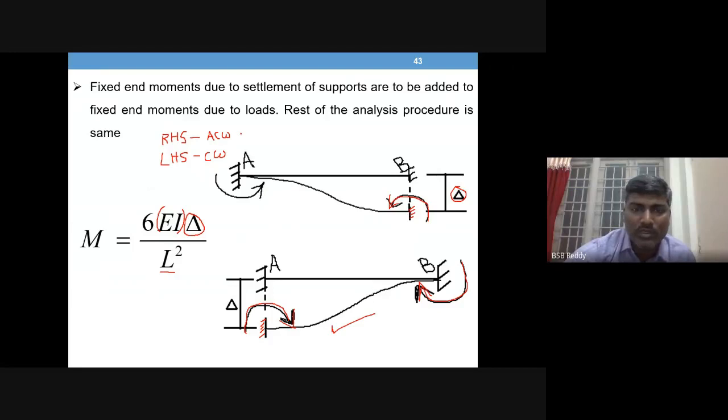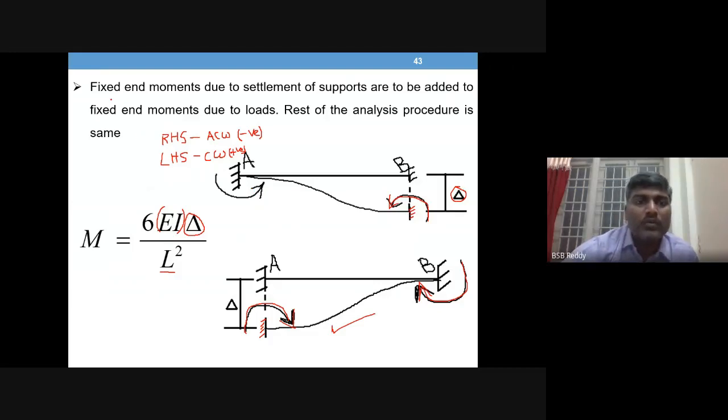For the moment distribution method, we are following the sign convention of clockwise positive and anti-clockwise negative. So when a right hand side support sinks, you are going to get negative moments of the value 6 EI delta by L square, and if the left hand side support sinks, you are going to get clockwise moments, which are nothing but positive moments.